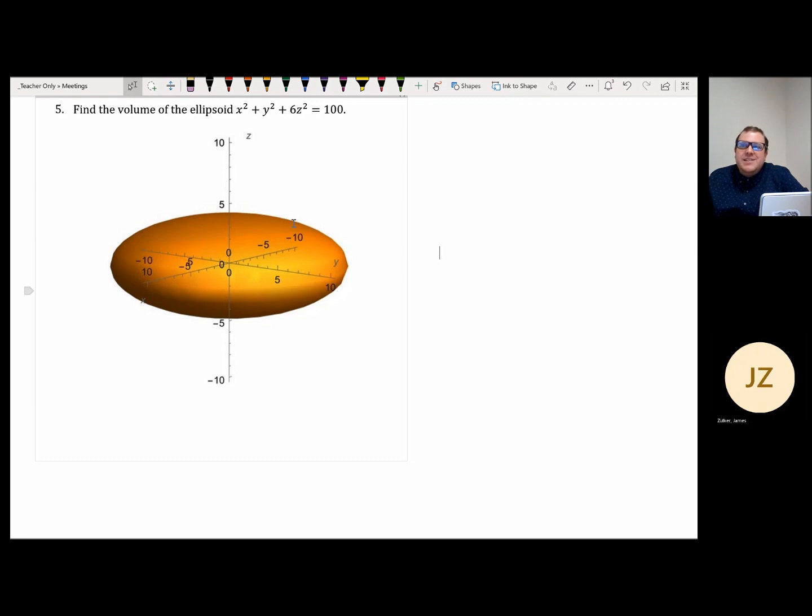To define the height, Z would just go from the bottom portion of the ellipsoid to the top portion of the ellipsoid. This means you want to write Z as a function of R theta, which is extremely easy to do. In fact, it wouldn't even be a function of theta. It's just a function of R.